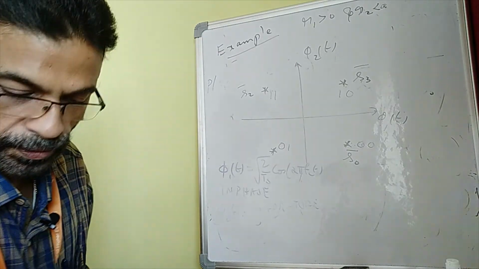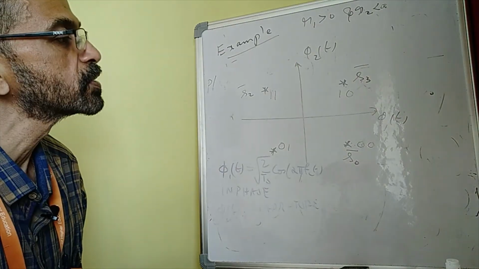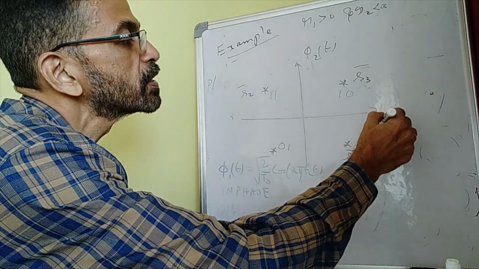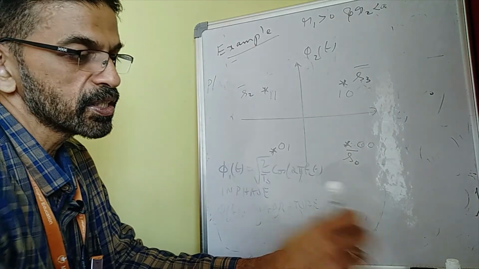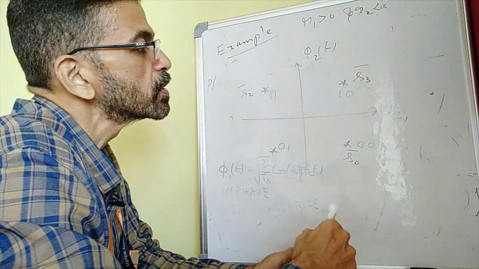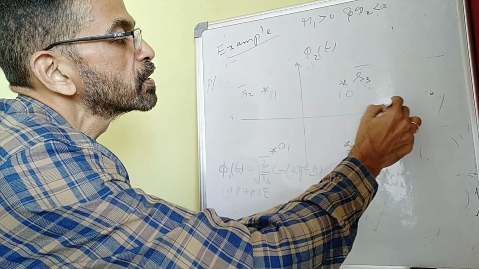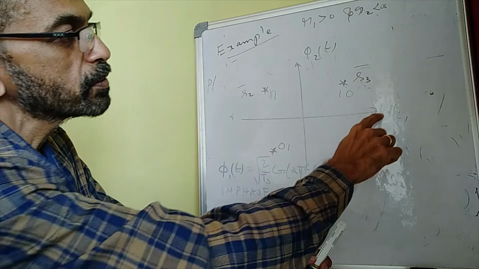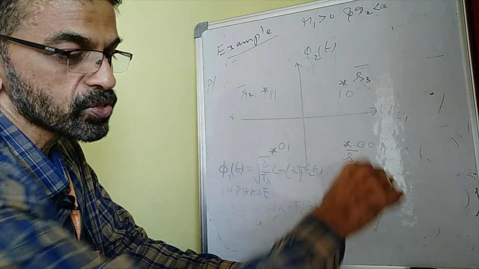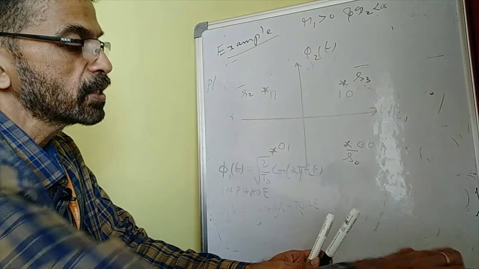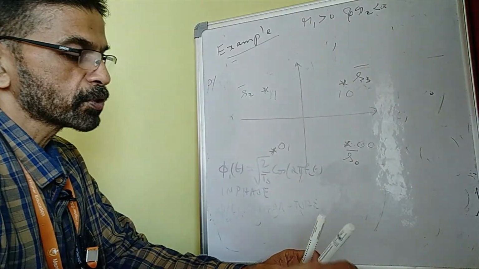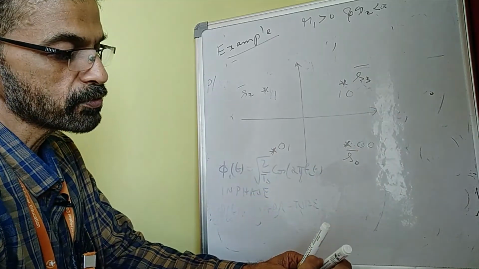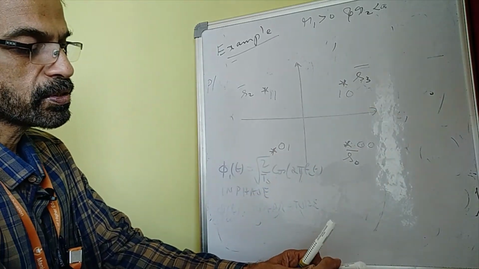That means in the further discussions we will simply refer to this axis as I, which means that it is the in phase component. Again, forgive me, I am running out of ink. We refer to this as the in phase, the I axis, and the vertical axis will be referred to as the quadrature axis, Q. So I, Q. Here onwards we will be referring to the two axes like this.